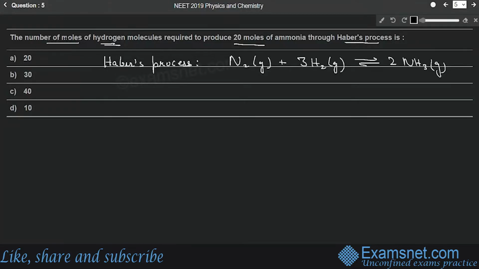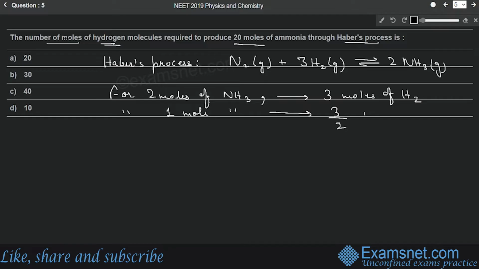Now looking at this equation, we can say that for the production of 2 moles of ammonia, what moles of hydrogen molecules are required? 3 moles of hydrogen are required. Okay. Therefore, for 1 mole of ammonia, what mole of hydrogen will be required? 3 by 2. Okay.